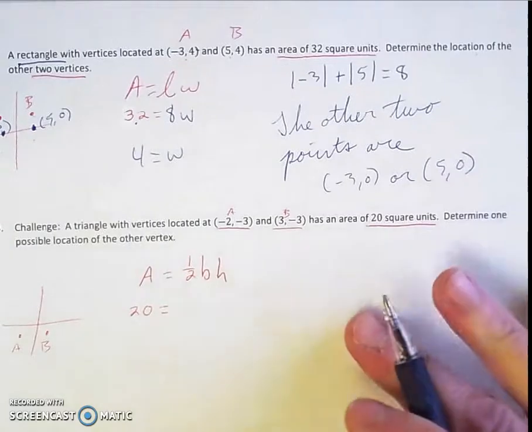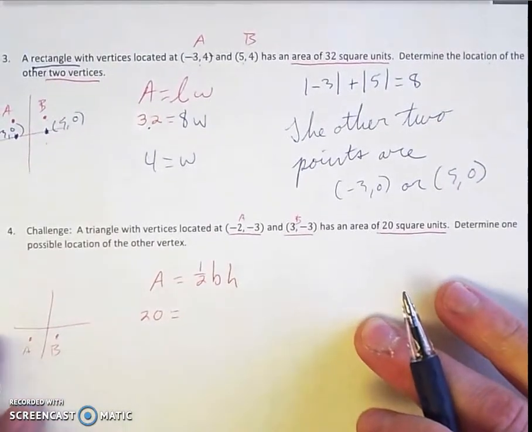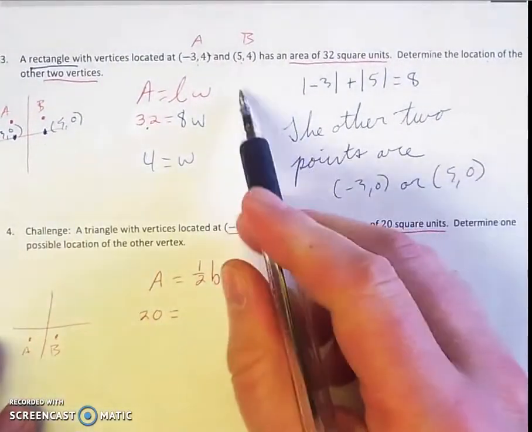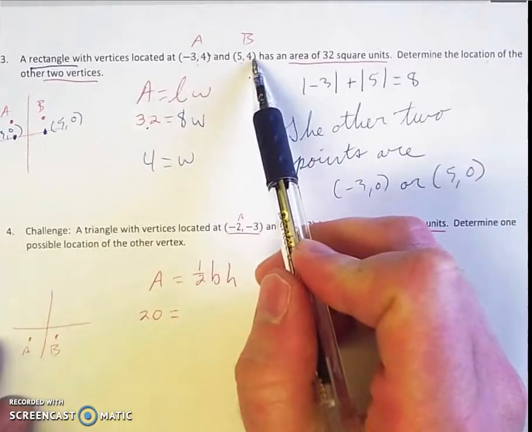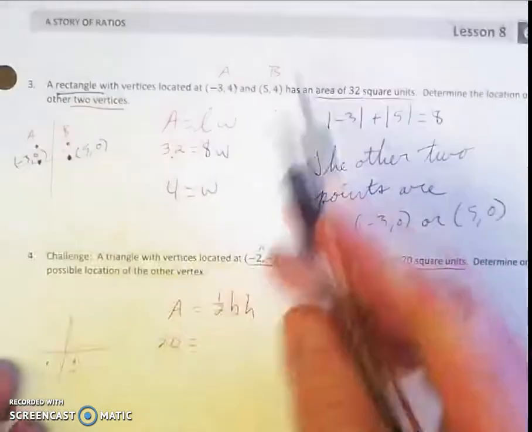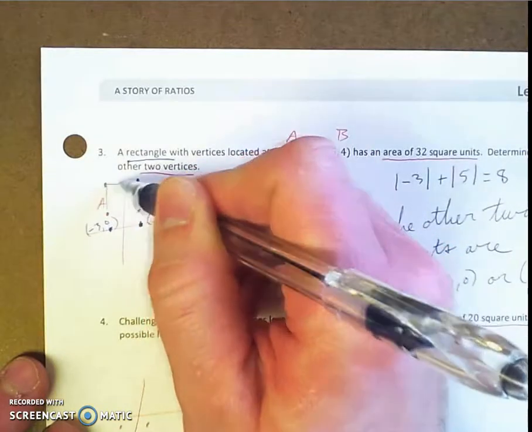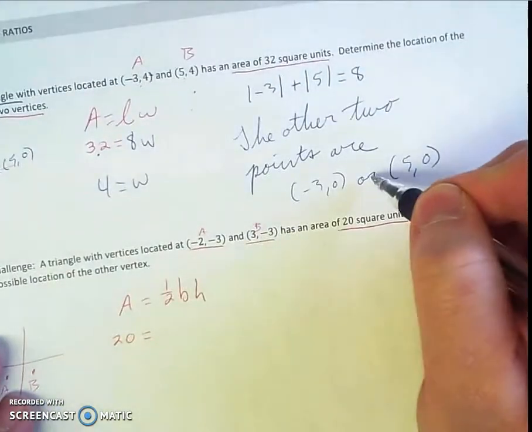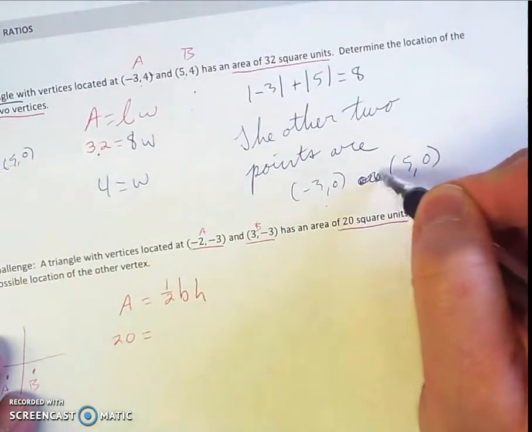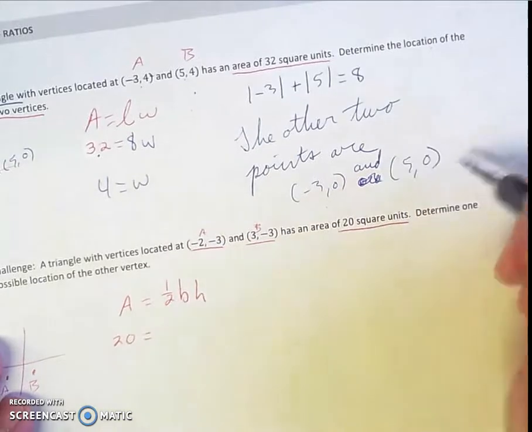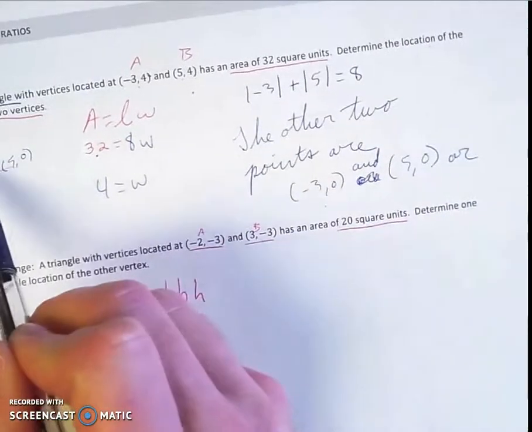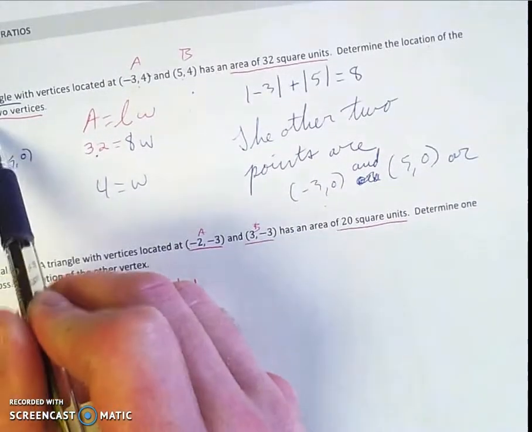Okay. Now another way to think about it is instead of subtracting 4 from our y values, we could also add 4 and have our rectangle go up top, like this. Okay. So we could also add 4 to our y coordinates.